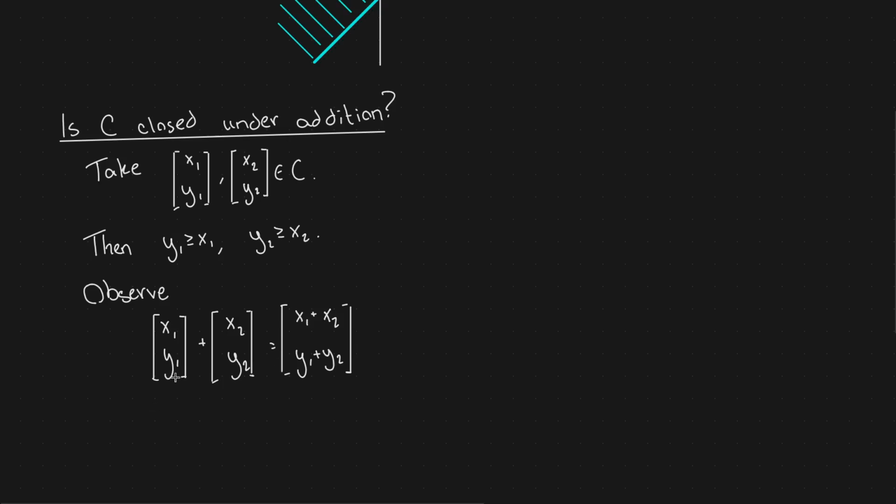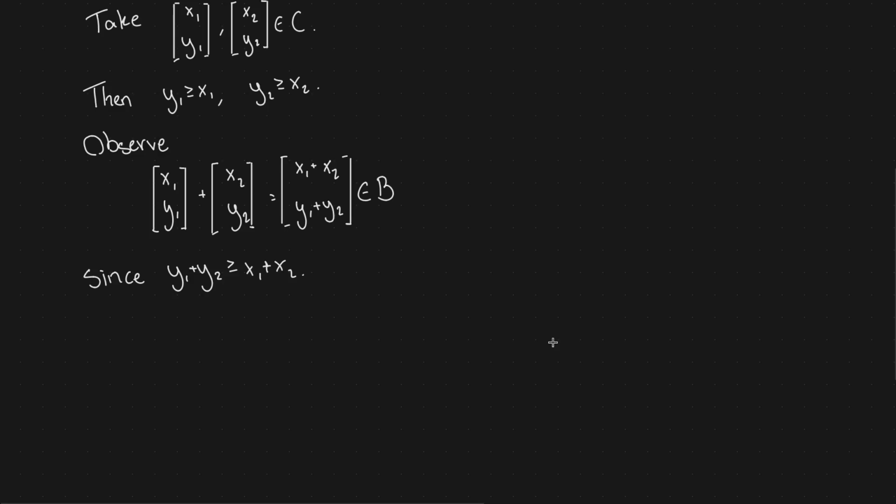And, well, if y1 was bigger than x1, and if y2 was bigger than x2, then y1 plus y2 has to be bigger than x1 plus x2, right? I can't add two smaller things and get something bigger than the sum of two bigger things, right? Which means that my sum is in set C. Which means we're closed under vector addition.